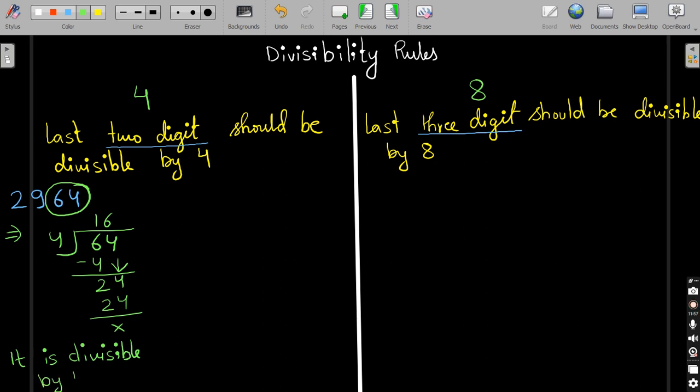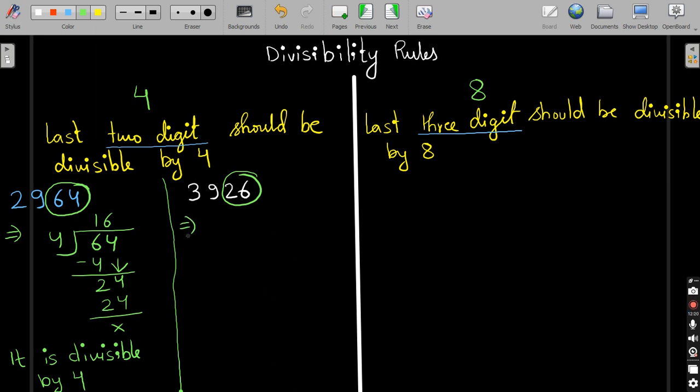by 4. Now dear student, you will get a doubt: sir, is this possible every time? No. For example, let me write another number with another color. For example 3926, let it be the number. In that condition what will I check? I will check only the last two digits. Before that I don't care. So whatever, 26.